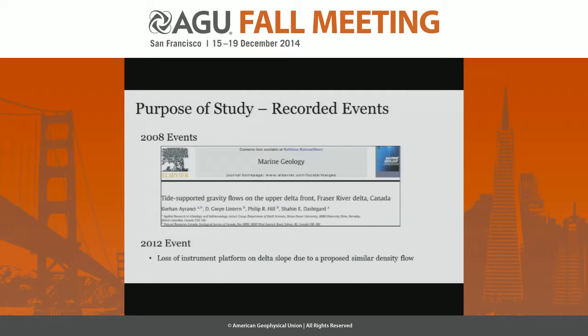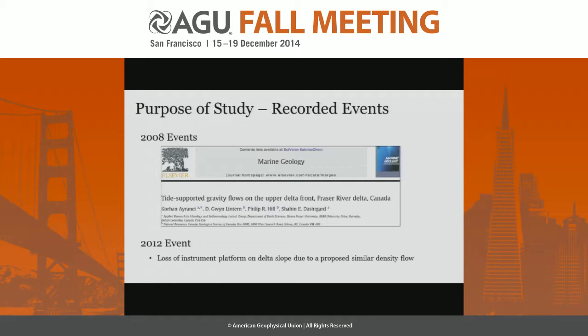Gwyn Lintern of the Geological Survey of Canada believes this event was moved by a density flow event, and more details are currently being prepared for a paper. While it was tumbling, it was taking data at different angles, so that is more to be discussed later.